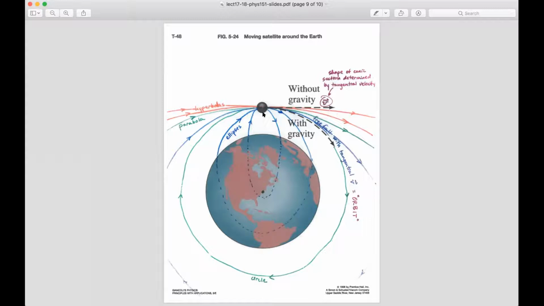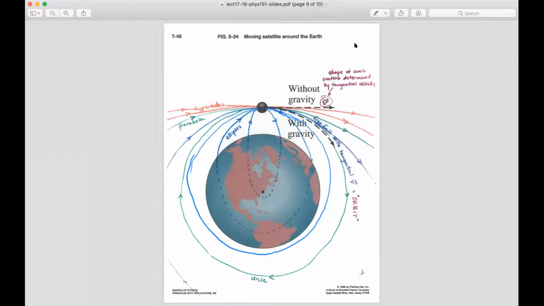And actually, you can draw an ellipse, which I didn't. Let's see, I can draw it with my stylus here. We could draw an ellipse that would start here and go this way. It would graze the surface of the Earth on this side and then go back out to there.